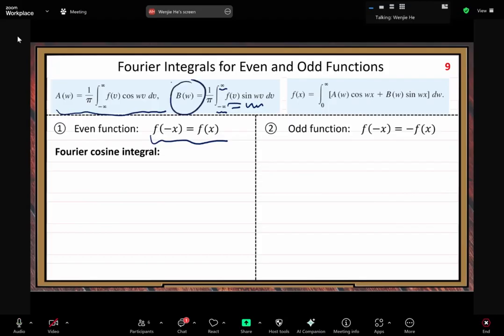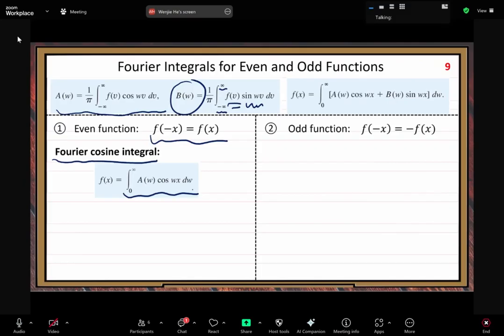So the B function is 0. When we write this Fourier cosine integral, we only have the A function. So if f of x is an even function, we can write it in this simple way, so much simpler than before, right?